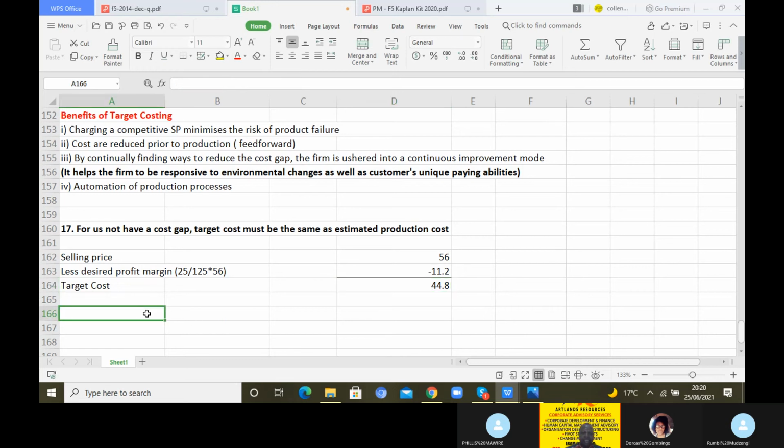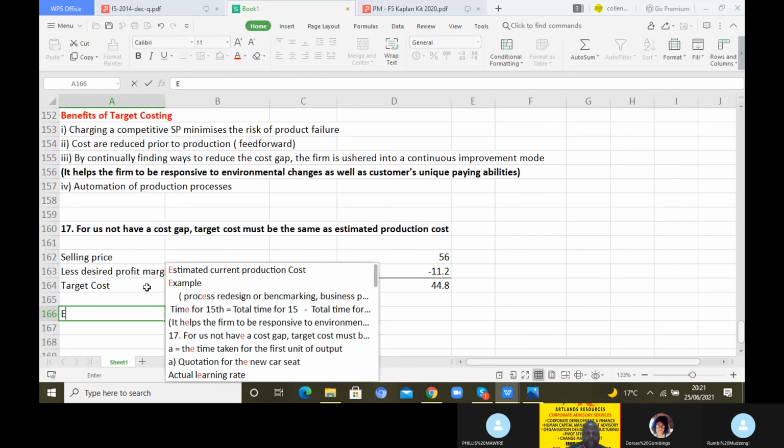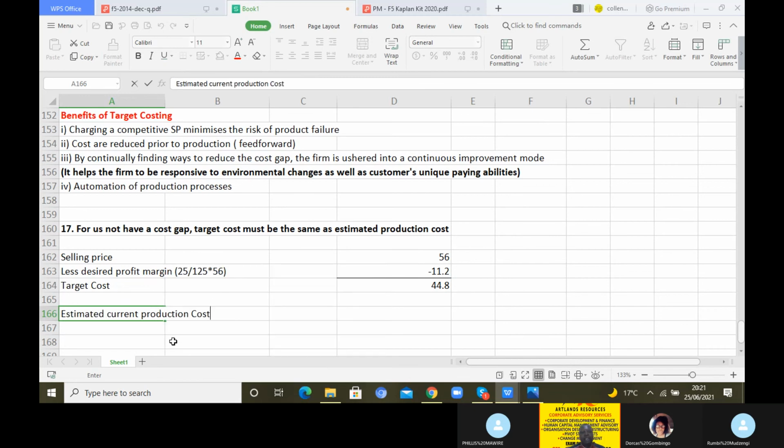Now, because we want to avoid a cost gap, meaning production cost must be the same, I say estimated current production cost, which must be equal to target cost.